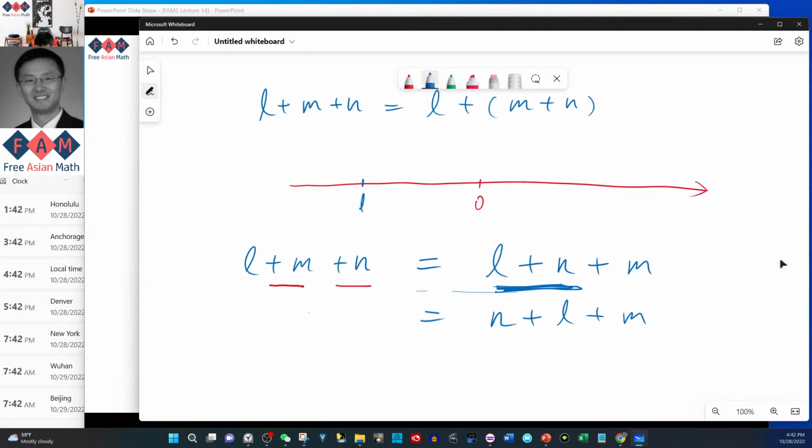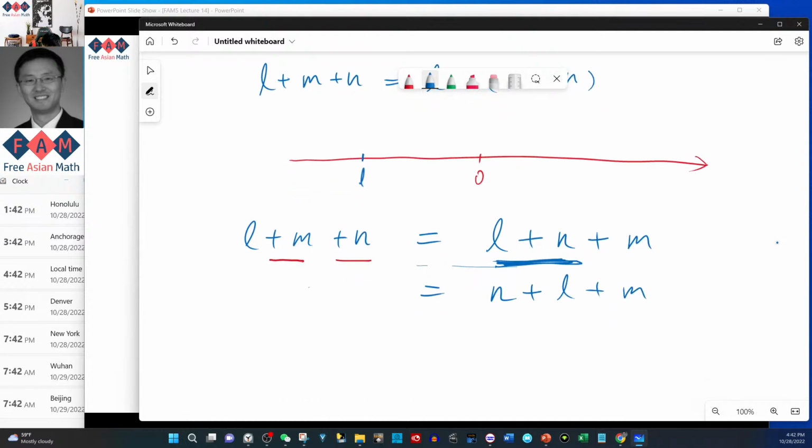Now, by the same logic, we can once again swap those two addition operations. That means that we can now move the plus M part forward. Okay, so this will be M plus L.